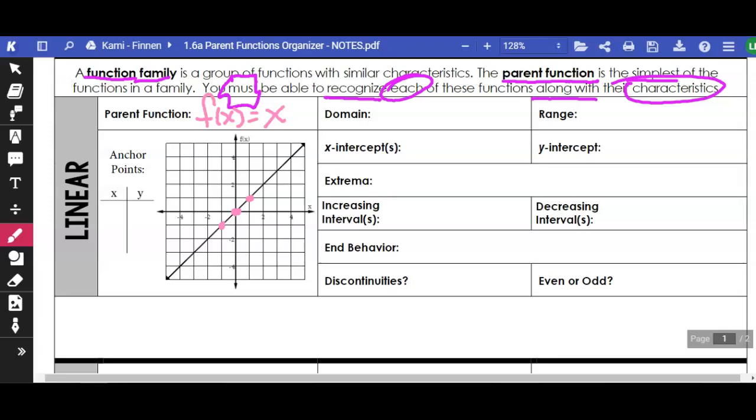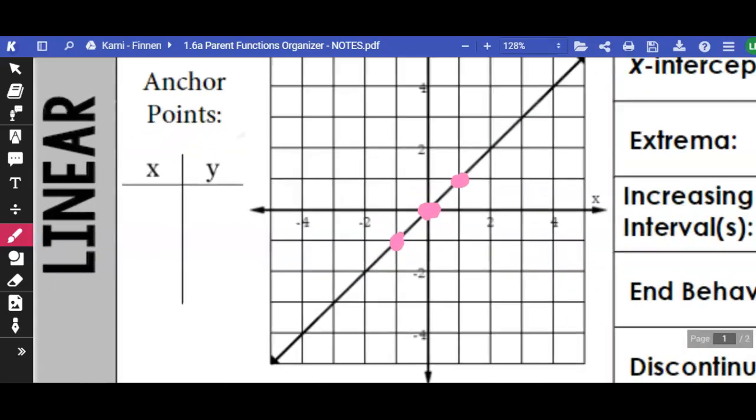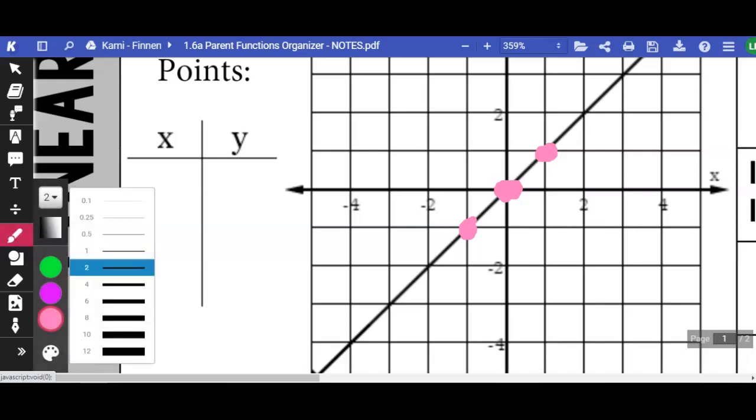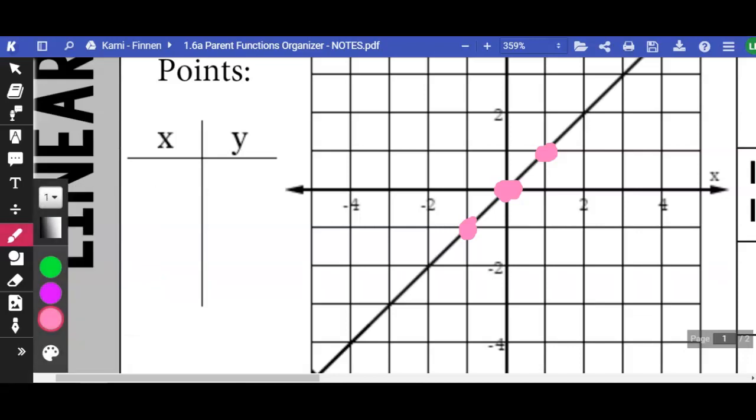So I have this little t-chart over here for you to fill in. Now, if you don't really like using Kami, I'm still not trying to force you, but I'm trying to encourage you because the more I use it, the more I understand it and the better I like it. So if that's kind of too small for you to write in, you can pinch and zoom just like you would on your cell phone and make this bigger. When I make it bigger, I'm on a 2 right now for my width. I'm going to change it to 1 or it's going to be way too fat.